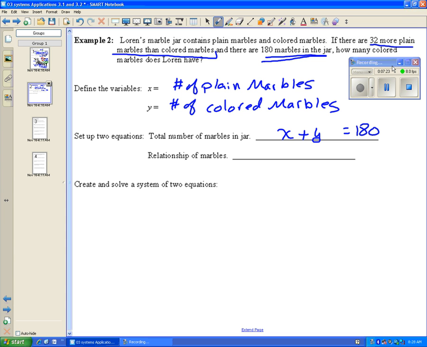But now I have a relationship between the two kinds of marbles. This is telling me that there are 32 more plain marbles than colored marbles.